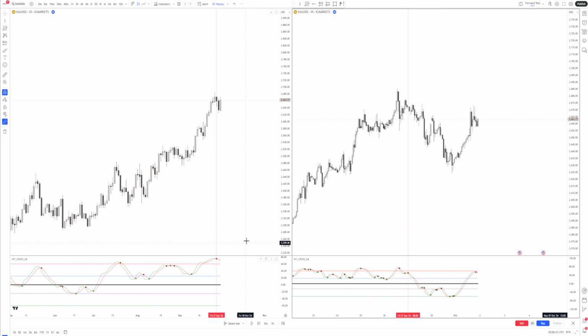So if we get a red dot on the daily time frame, in this case I've chosen gold to be our example, then we are looking for a red dot on the hourly time frame.